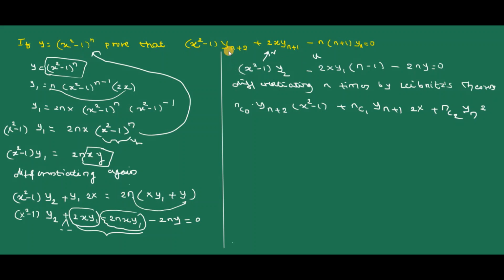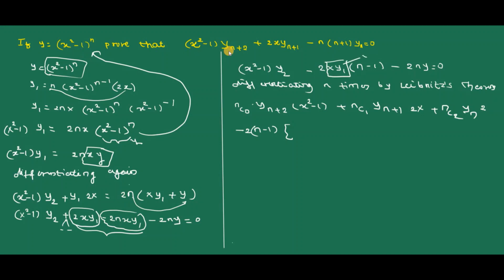Now what is the nth derivative for the second term? In case of the second term, minus 2(n minus 1) is constant. And then we can write it in a bracket. What is the nth derivative of only x and y1?